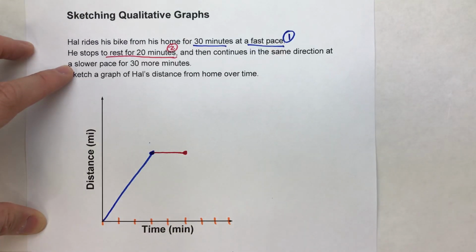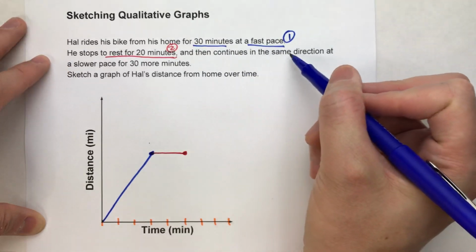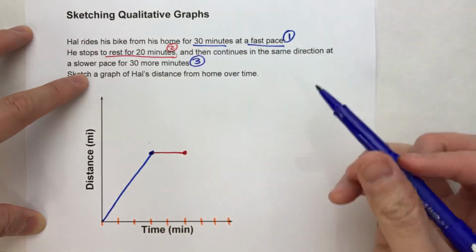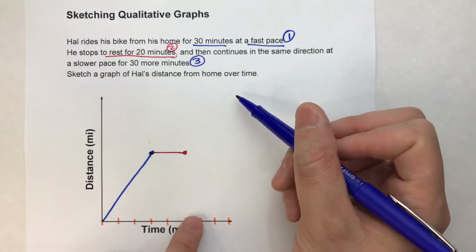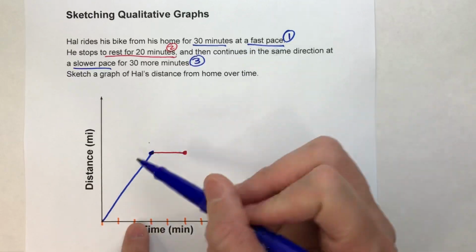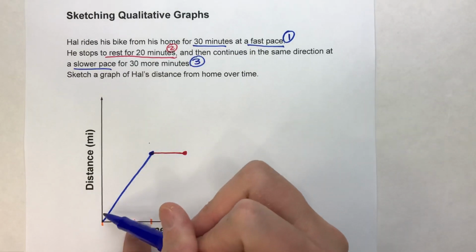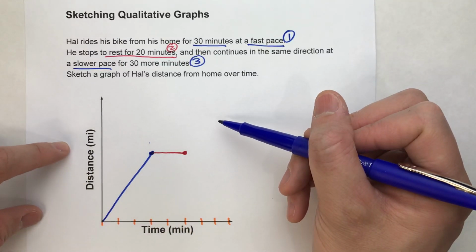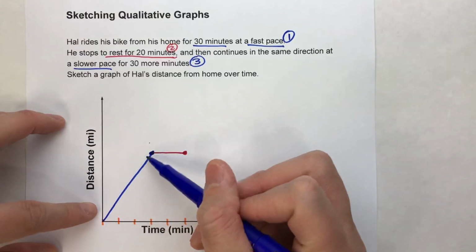Now, for the third section, he continues in the same direction at a slower pace for 30 more minutes. So we're continuing, but at a slower pace, which tells us that it's not going to be as steep as it was before. We are going to continue upward because our distance is going to increase, but it's just not going to be as steep as this.